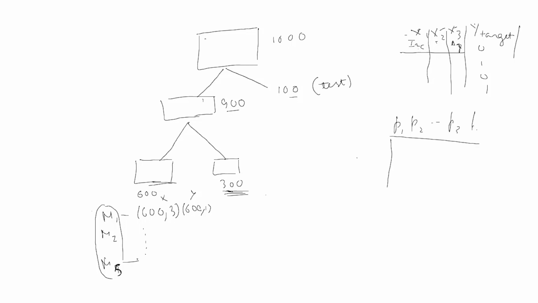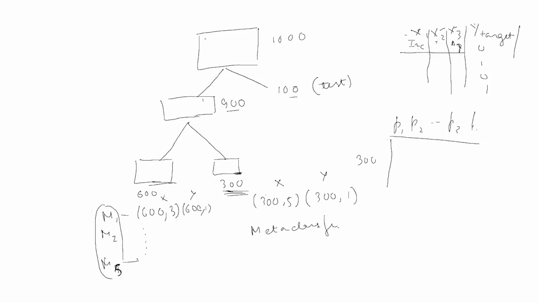So you would have 300 rows and 5 columns. So 300 comma 5, this is your x now, and you would be training that across your target, which is 300 comma 1, right? So the corresponding y target for each of these 300 data points. So this is your training data for the meta classifier.